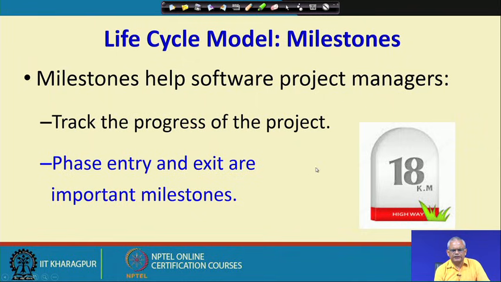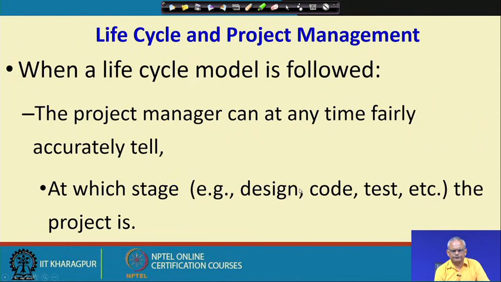The phase start and end, that is entry and exit, are important milestones, and they help to track the project effectively. If we do not have such milestones, then the project manager is at a loss and does not know how far the project has progressed.